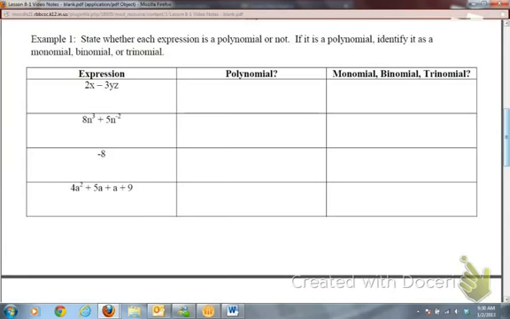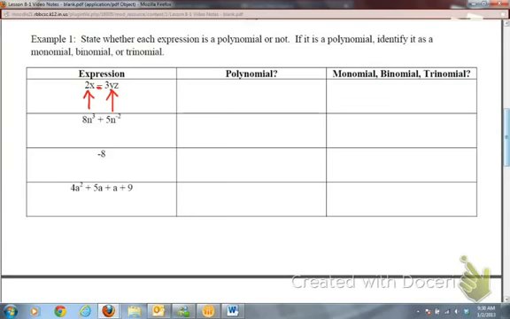Let's look at the first one. We have 2x minus 3yz. 2x is a monomial, and 3yz is also a monomial.